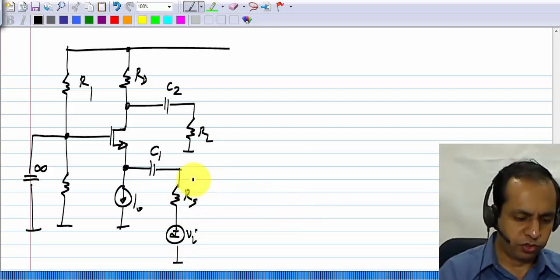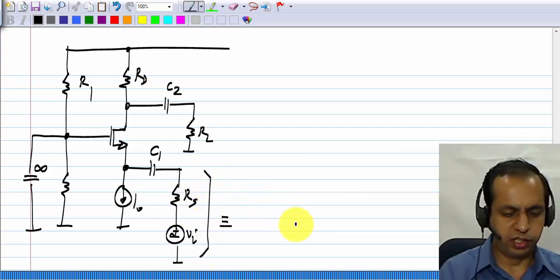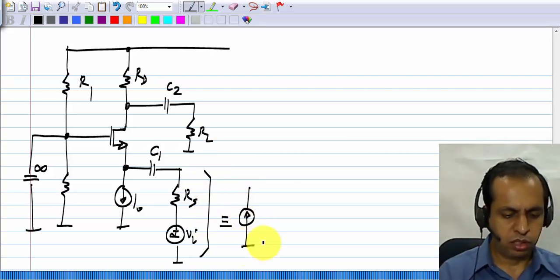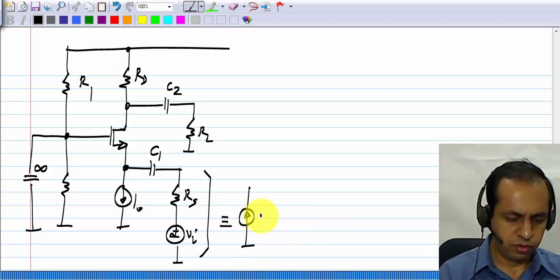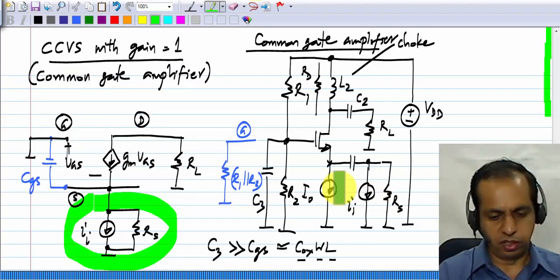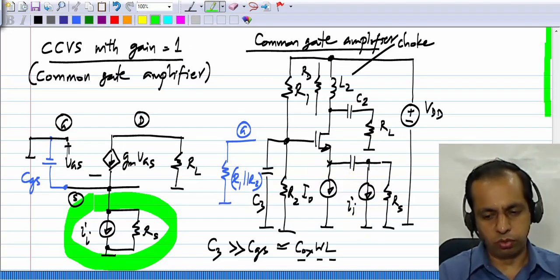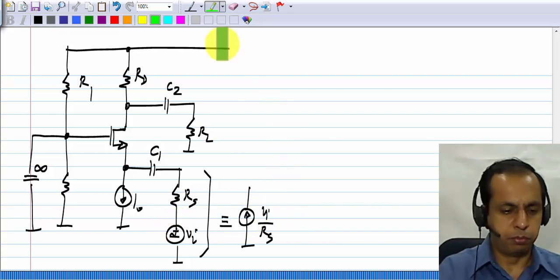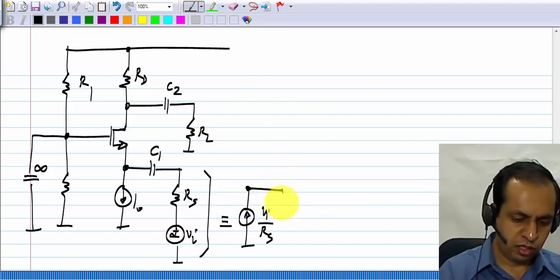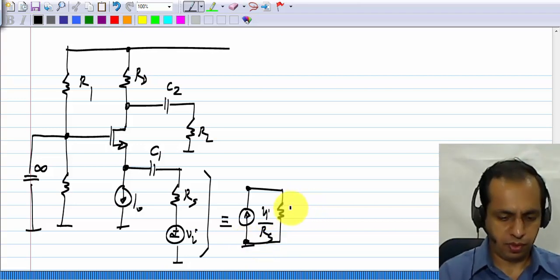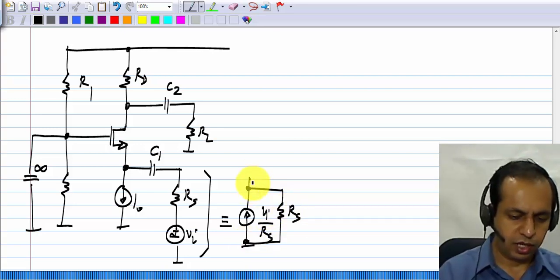Now of course you know that this part of it is equivalent to having a current source VI by RS in that direction. Keep in mind the direction for current we have been taking here is going downwards, whereas if I have VI with the upper terminal positive, it will be upwards, in parallel with a resistance RS.